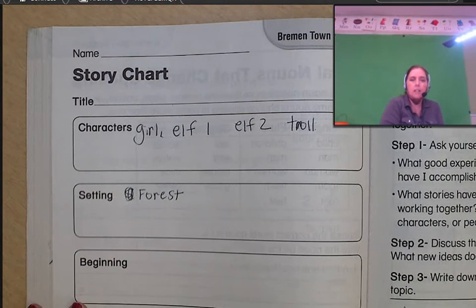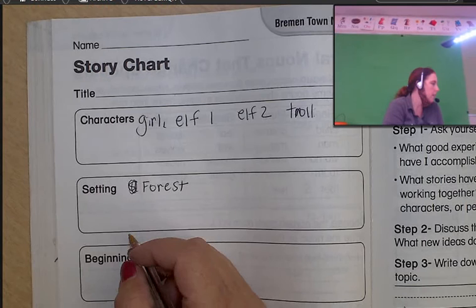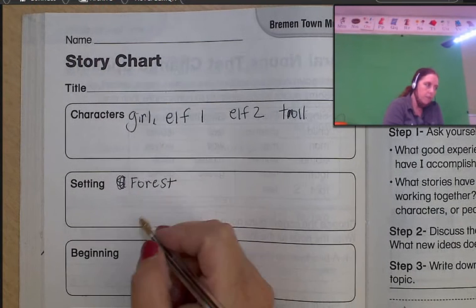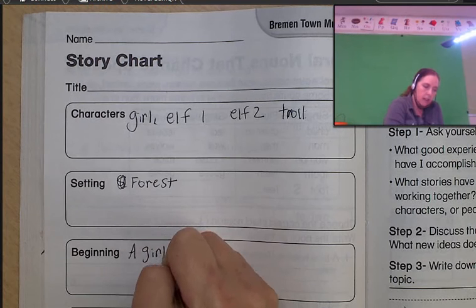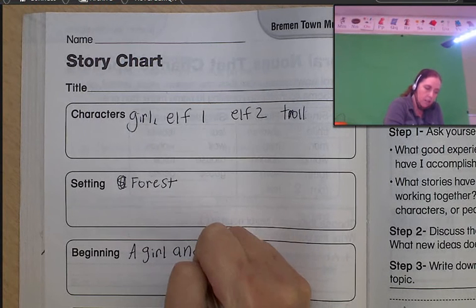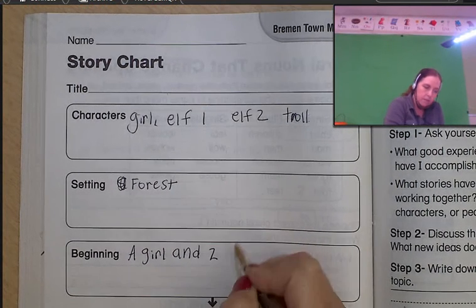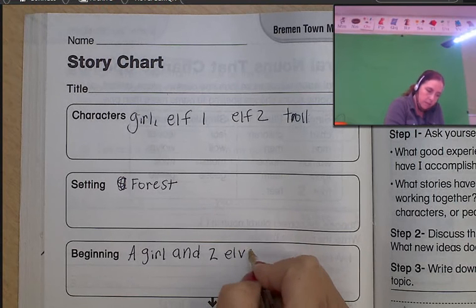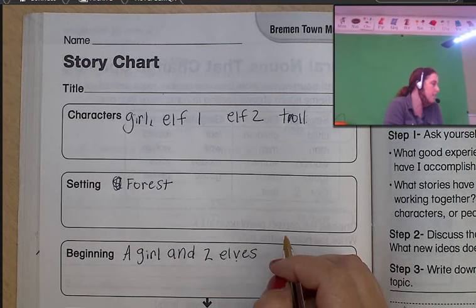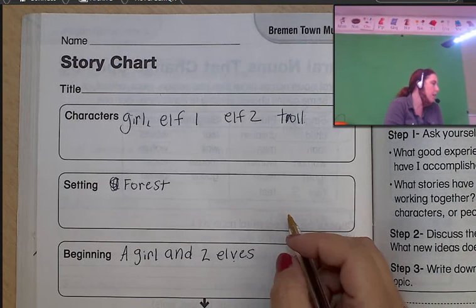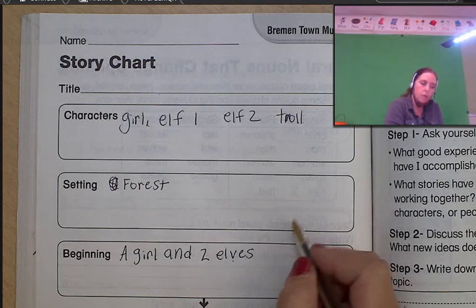I think I'm going to say that a girl and two elves. See how I changed my F to a V and added ES? That was our lesson today. A girl and two elves were walking in the forest.